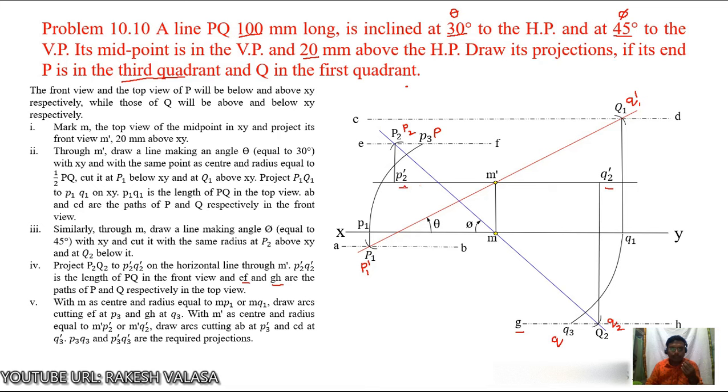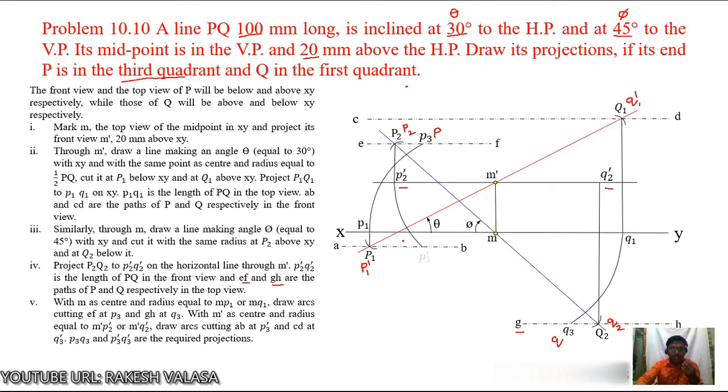Similarly, M dash P2 dash radius or M dash Q2 dash radius. Take your engineering compass, M dash as center, take M dash P2 dash radius, and draw the arc from P2 dash to the locus of P1 dash, that means the path of AB.